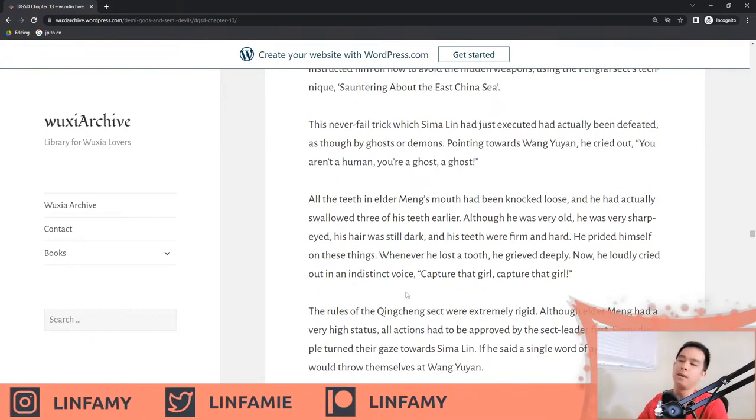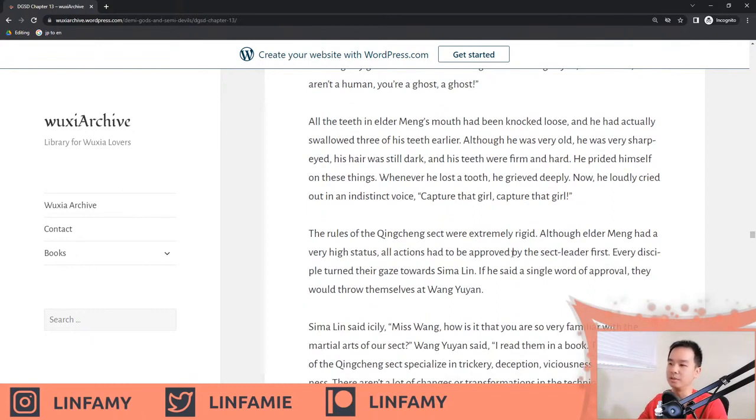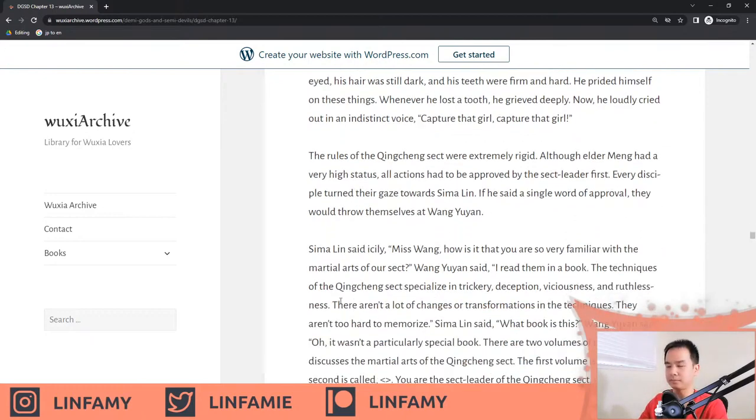Capture that girl!" The rules of the Qincheng sect were rigid. Although Elder Meng had a very high status, all actions had to be approved by the sect leader first. Every disciple turned their gaze towards Sima Lin. If he said a single word of approval, they would throw themselves at Wang Yuyan.